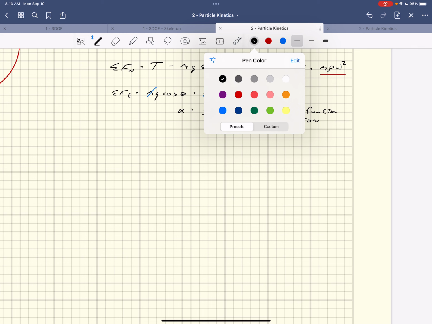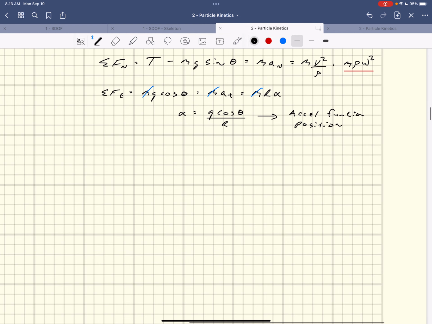All right, so to do acceleration as a function of position, we have alpha is equal to d omega dt. You multiply by d theta over d theta. So we get d omega, d theta, dt. This is just omega.